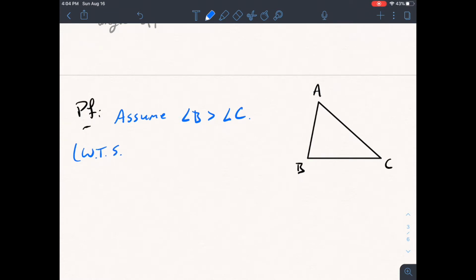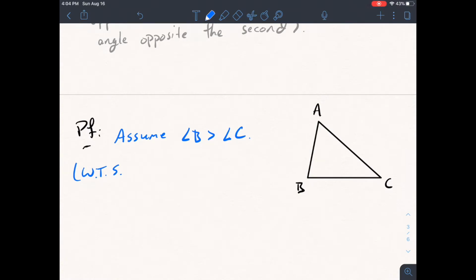I'll probably do that a lot this semester. We want to show that what? Well, what I just said was that the theorem stated that AB should be smaller than AC. So AC should be bigger. Okay, so that's what we want to show.